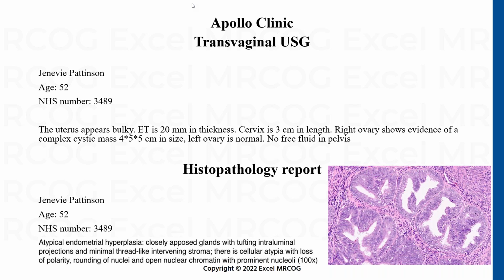I would counsel her, and the definitive treatment would be hysterectomy. Is there anything else you would like to add? Yes, hysterectomy along with bilateral salpingo-oophorectomy would be the definitive treatment for this patient.